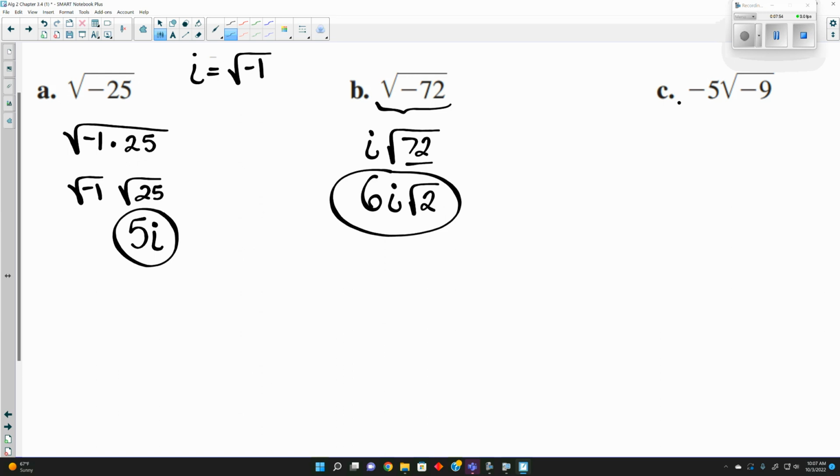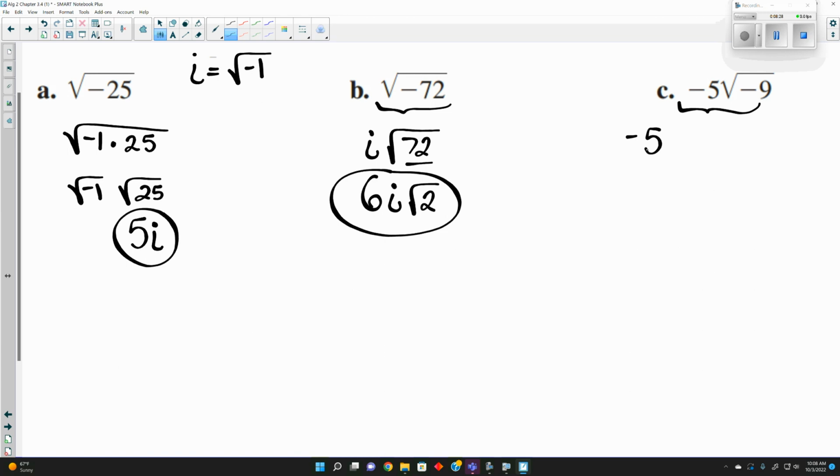Now, if we look at this next one, negative 5 times the square root of negative 9. We could try plugging that in, and it's going to tell us it's non-real answers, because it doesn't want to take the square root of negative 9, because the square root of negative 9 does not exist.